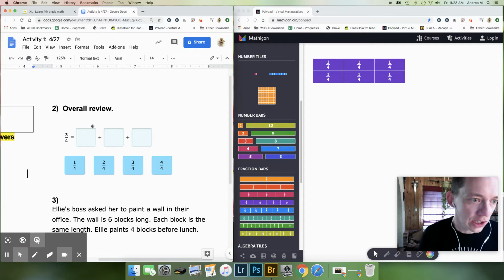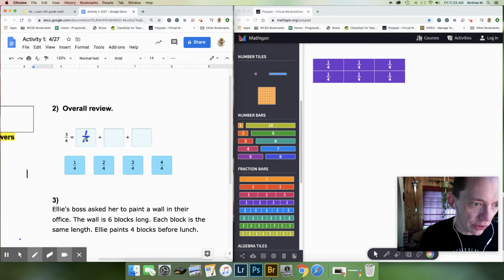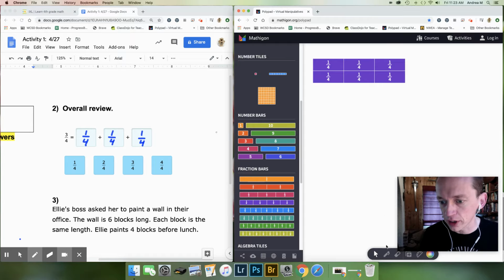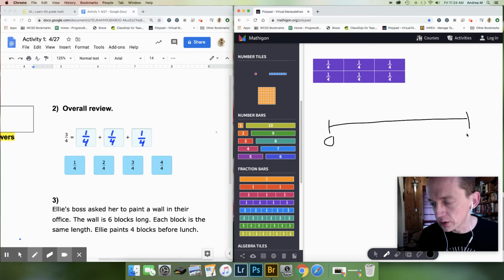So decomposing that into those unit fractions, that is 1/4, that is another 4th, and then that is another 4th right there. 1/4, 2/4, 3/4. It's kind of like when we had our number line. Think of it like that again, just to show you this. Imagine, all right, so there's our 0. Here is our 4/4.